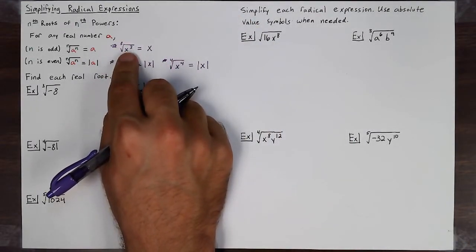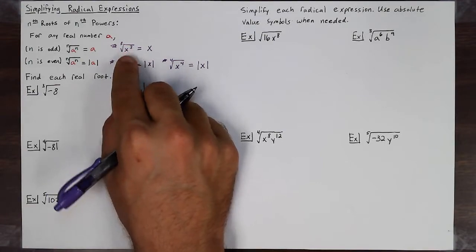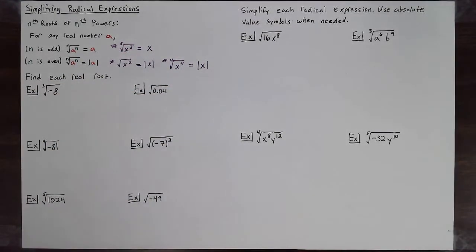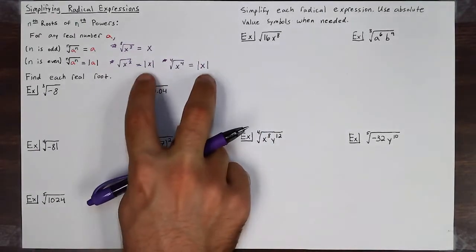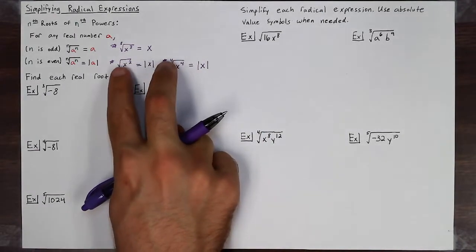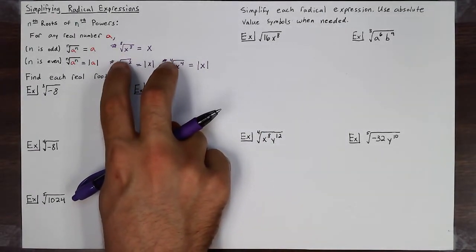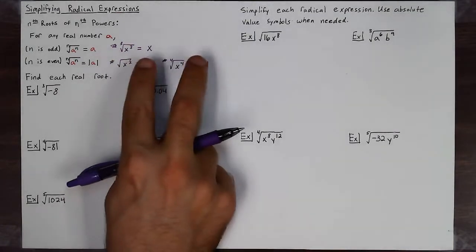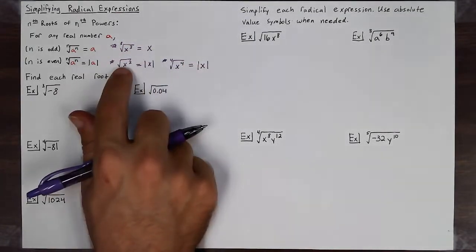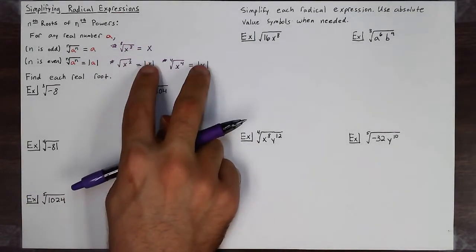Raising a negative number to an odd power still yields a negative number, so you don't need the absolute value there. So this is whenever you have an even root. Again, if it's a square root, it's understood to be a 2 in that top left corner. You don't have to write it. Then you'll have to use absolute value to make sure whatever number comes out of it is positive.